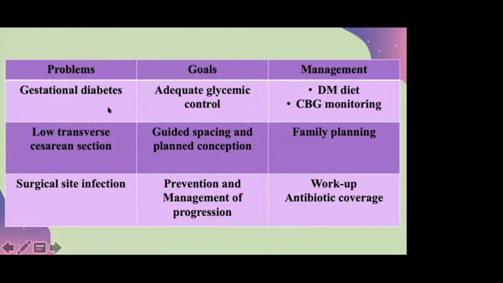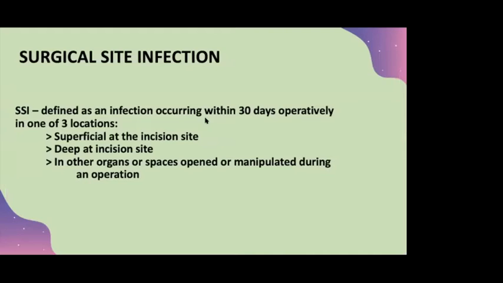She has gestational diabetes mellitus, so our goal is adequate glycemic control with management of DM diet and continuous CBG monitoring. Since she just underwent low transverse cesarean section, our goal is guided spacing and planned conception through family planning. And mainly for surgical site infection, prevention and management of further progression through workups and antibiotic coverage.